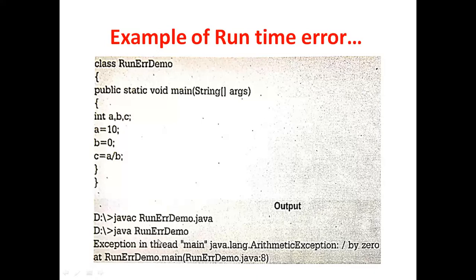But we are getting an error at runtime, because in the program we have used a divided by b, where the value of b is 0, and in mathematics we know we cannot divide any number by 0, which gives you an error. So this is a logical error, and this error has occurred at runtime. Therefore this is a very good example of runtime error.